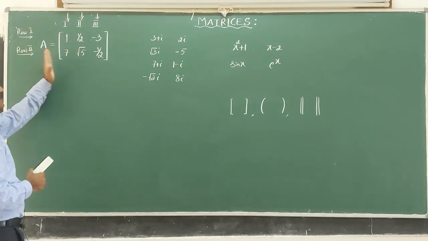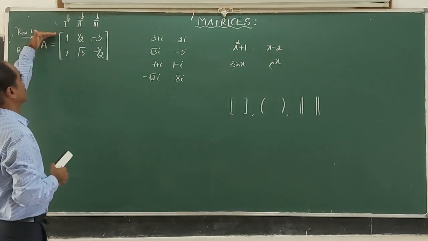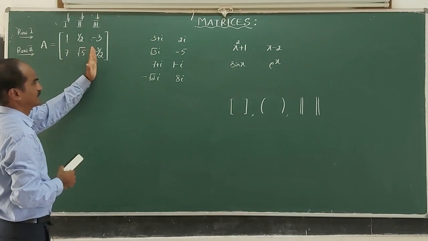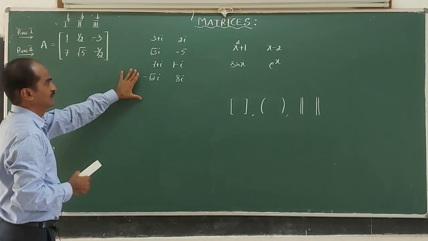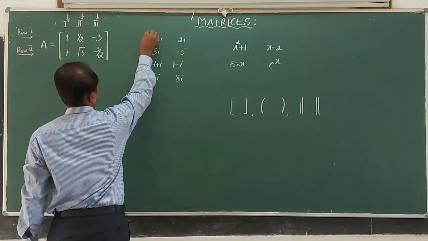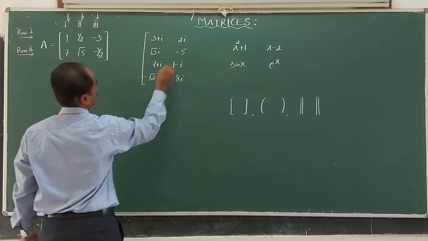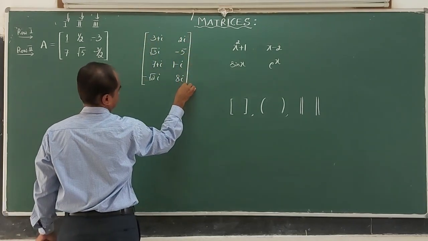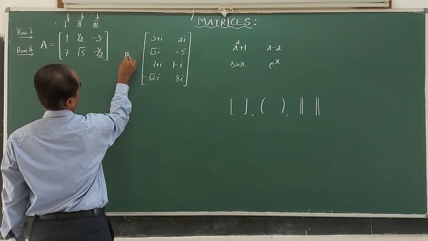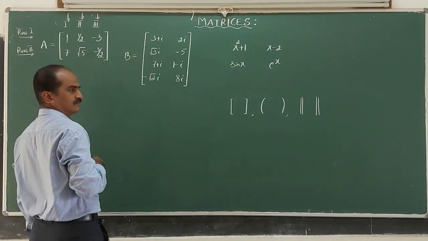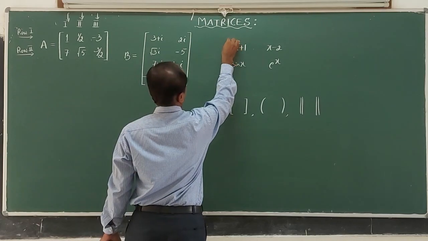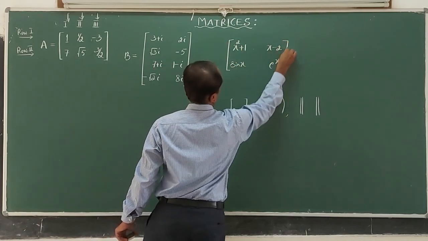So A is a matrix which contains 2 rows and 3 columns. Now here complex numbers are there. Again let me enclose them using square brackets. Say give some name, maybe B. Here it contains an arrangement of functions.